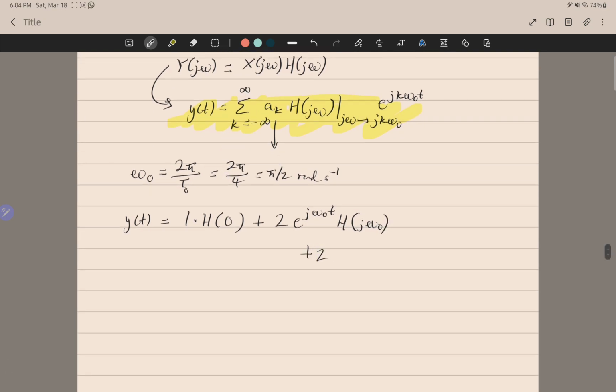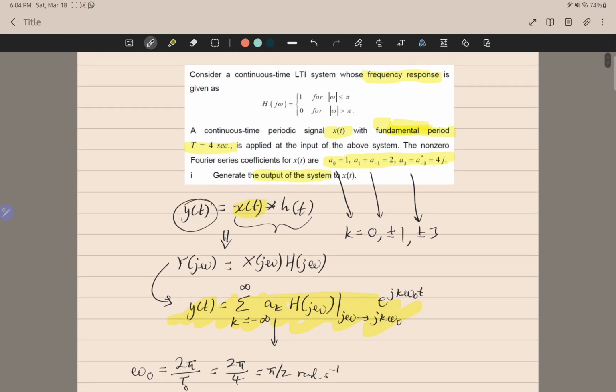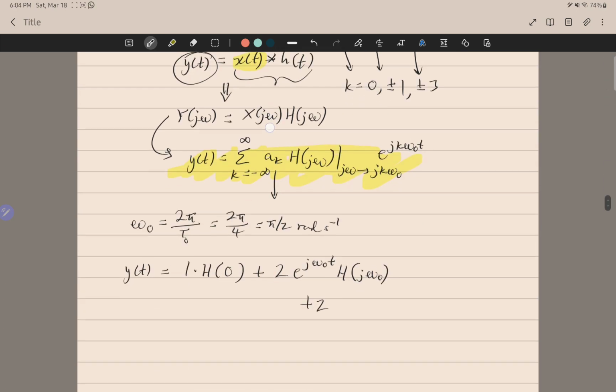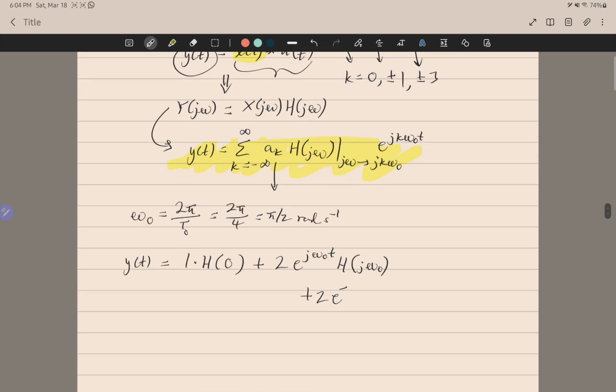We do the same for the rest of the terms. When k is negative 1, a negative 1 is also equal to 2, multiplied by e to the negative j omega 0 t multiplied by H of minus j omega 0.